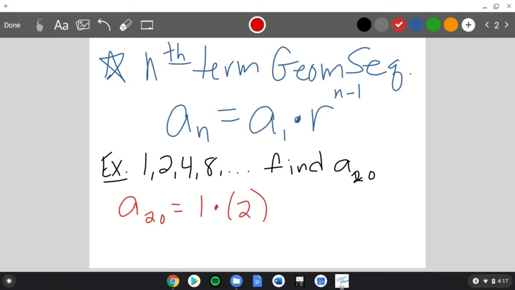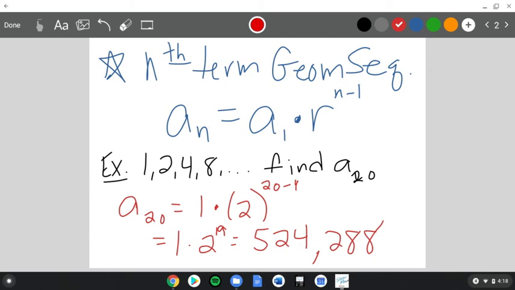N is 20. If we're trying to find the 20th term, n is 20. So 2 to the power of 20 minus 1, which would be 1 times 2 to the 19th, which is 524,288.